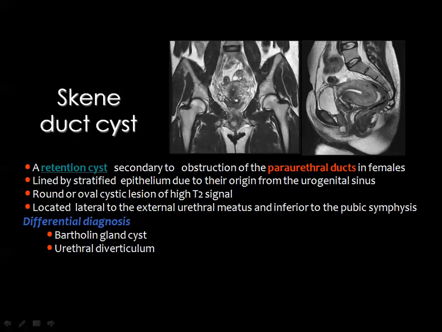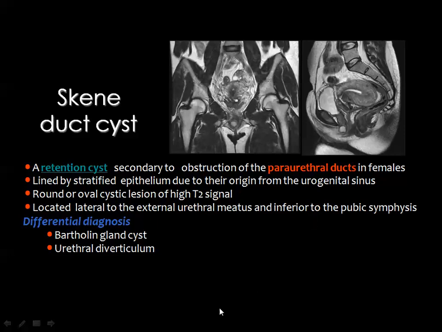Then a Skene duct cyst is a retention cyst in the paraurethral ducts. And this cyst may be mistaken for the Bartholin cyst, and it usually shows the same criteria, being low signal in the T1 and high signal in the T2. And most of these cysts are usually located below the symphysis pubis.